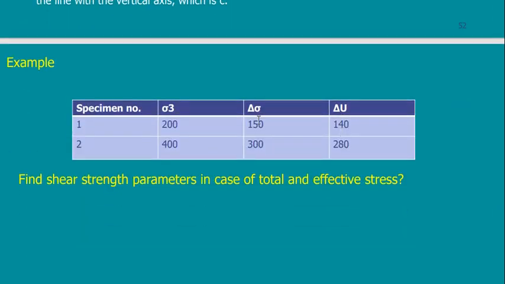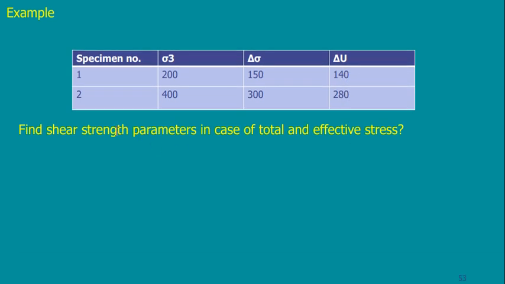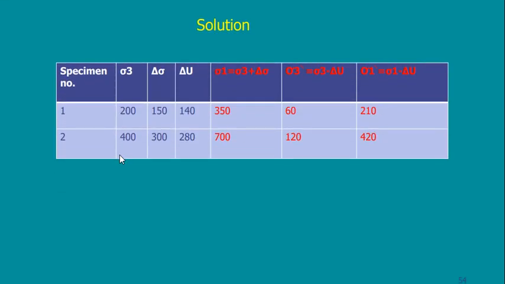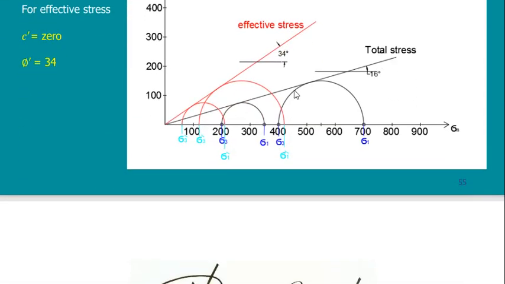For the first sample, with a confining pressure sigma 3 of 200, I needed 150, and I have 300 for this 400 sigma 3. And I have this value of the water pressure. And he wants me to draw these circles for the effective stress.